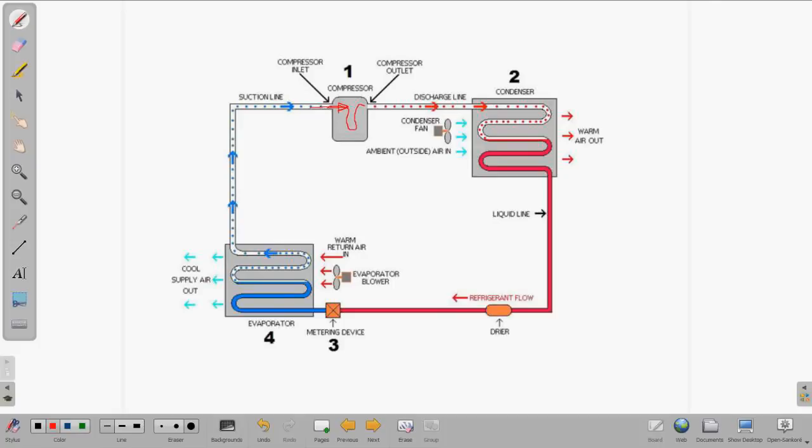What also happens here at the compressor is there's not enough refrigerant and there's not enough coolness in the refrigerant to cool off the compressor, so it's going to make the compressor start to run hot, but you may not notice that.